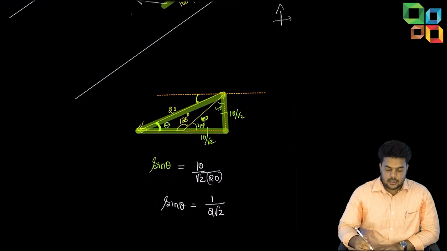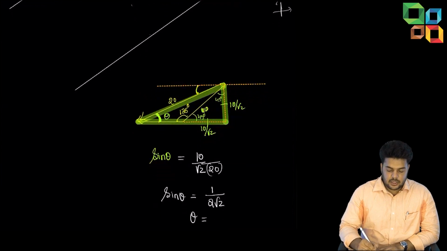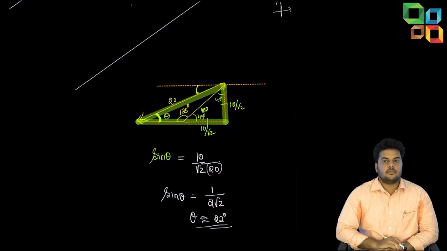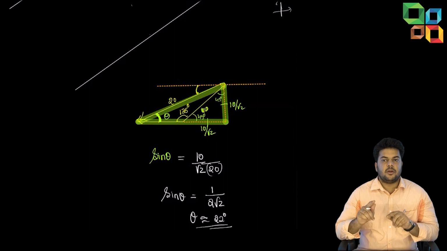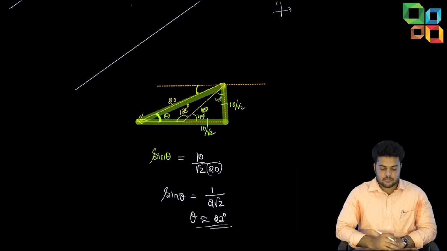But I can tell you that theta is approximately equal to 22 degrees. Don't ask me how I know that. I just divided by 2. What is sine theta is equal to 1 by root 2? Theta would be how much? 45 degrees. 1 by root 2 means always 45 degrees, isn't it?